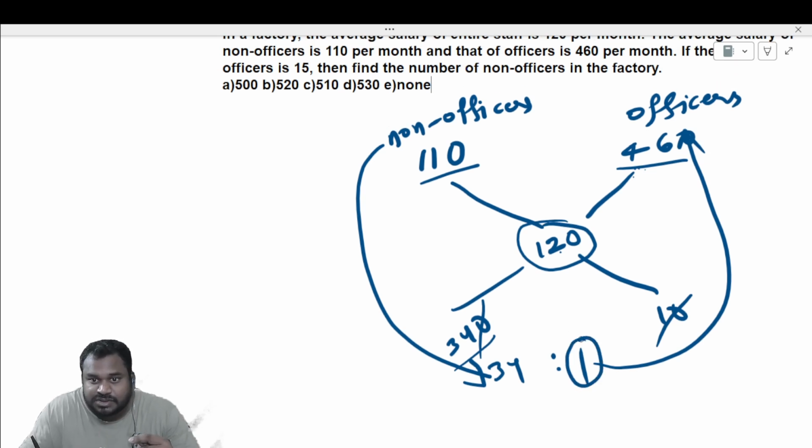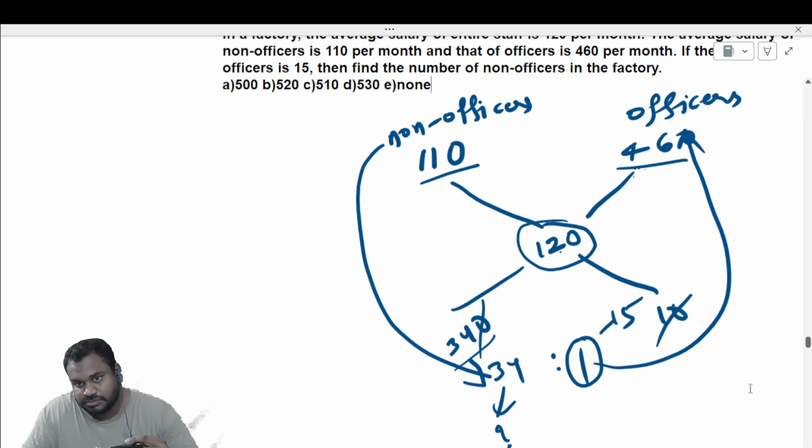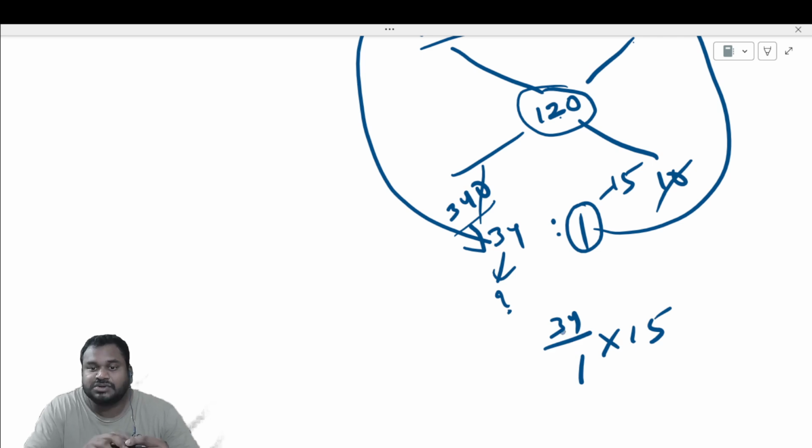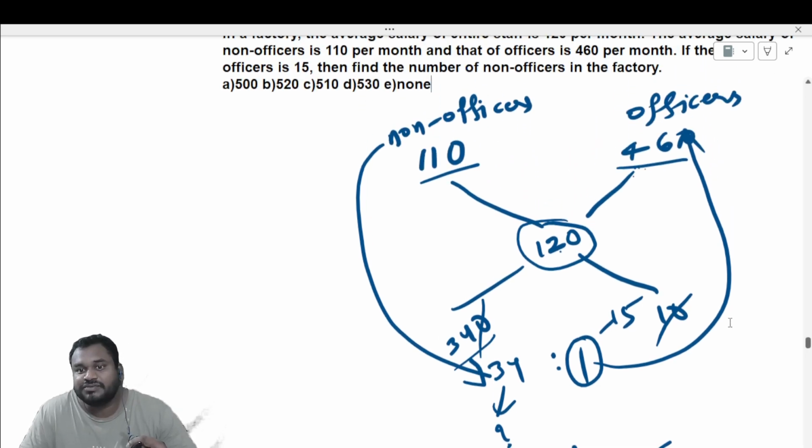So 1 corresponds to 15. If 1 corresponds to 15, 34 corresponds to how much? 34 into 15 will give you the answer.